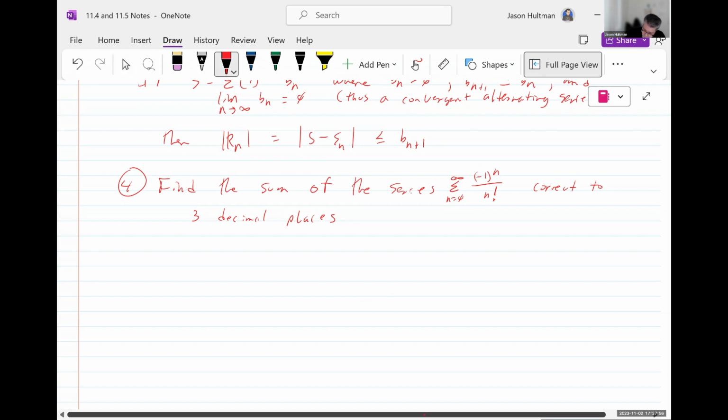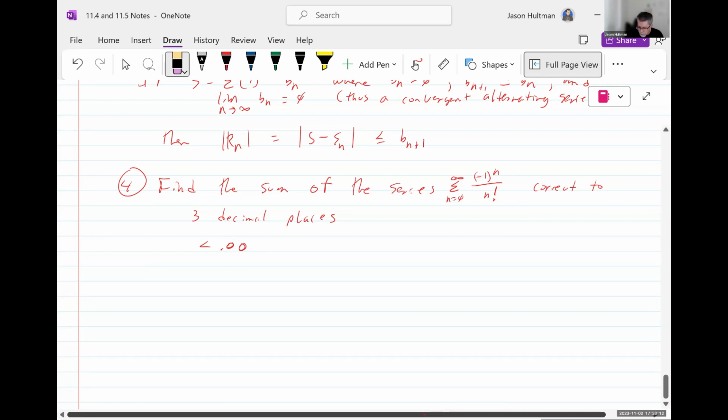So I need something that's basically less than 0.001. Okay. So is that true?